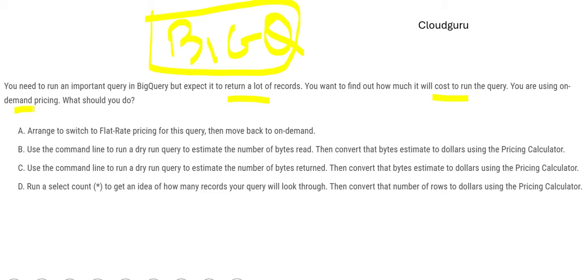That means you have not reserved anything. Whatever you use, it's like Uber, you have not reserved. Whenever you want, you use and pay. That is why the cost may be slightly higher. So in this case, what should you do for getting the cost of the query?